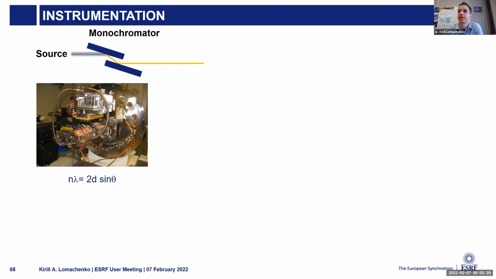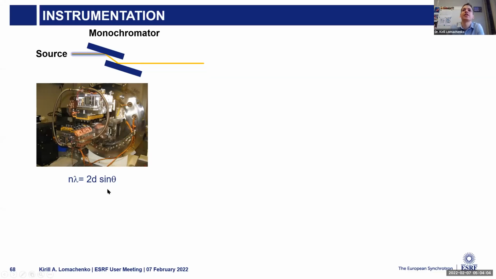basically a couple of single crystals of silicon, usually silicon 111 or 311, 511, but there are other cuts that can be used. The working principle of this device is based on Bragg's law. When you place the crystal at a particular angle with respect to the incident beam, only those photons whose energy or wavelength satisfy the Bragg equation get reflected.